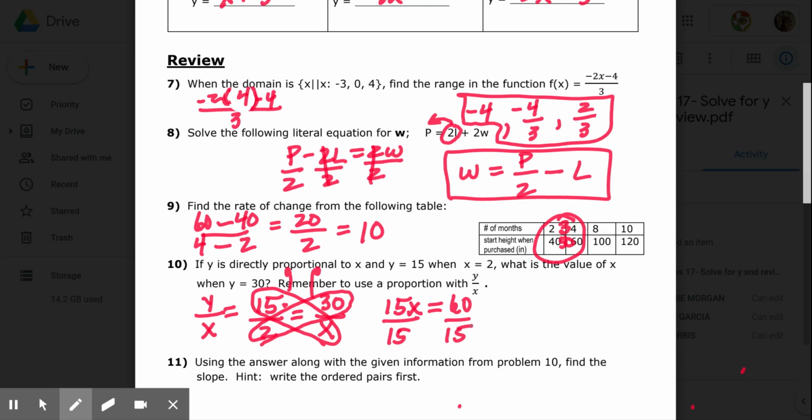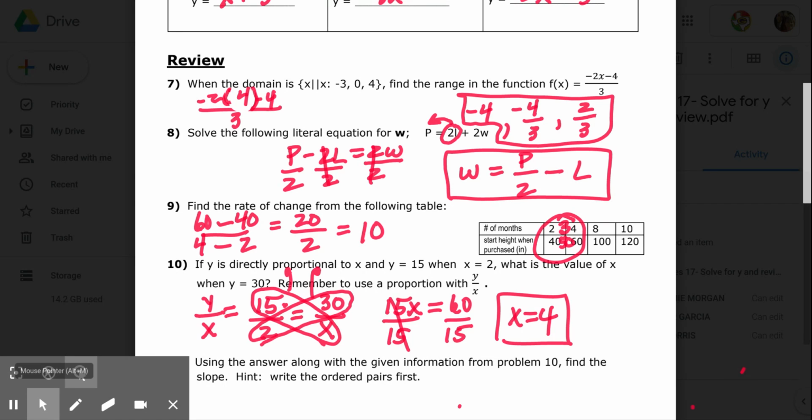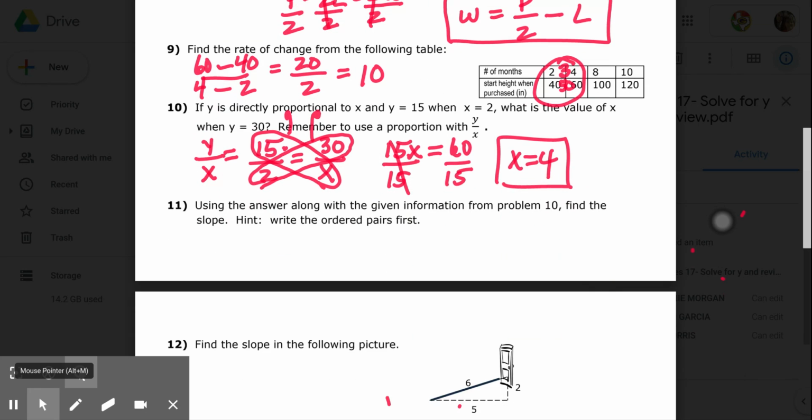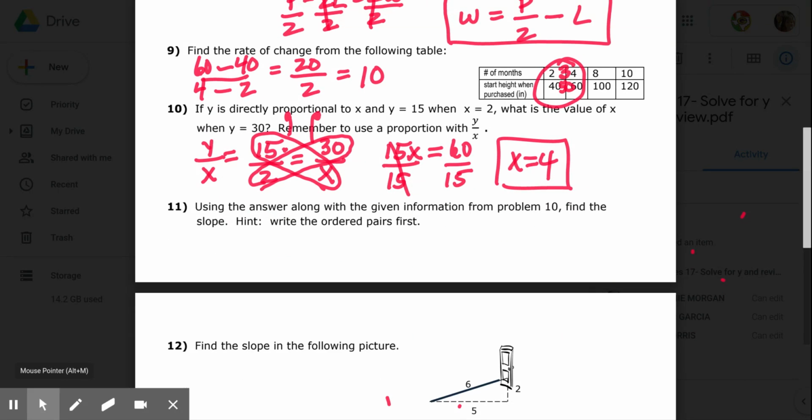And 60 divided by 15 is 4. Okay, so there's just a couple different ways that you can identify what a missing value is to set up a proportion.